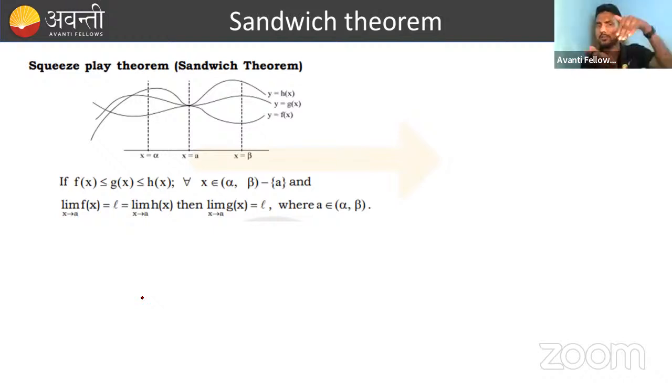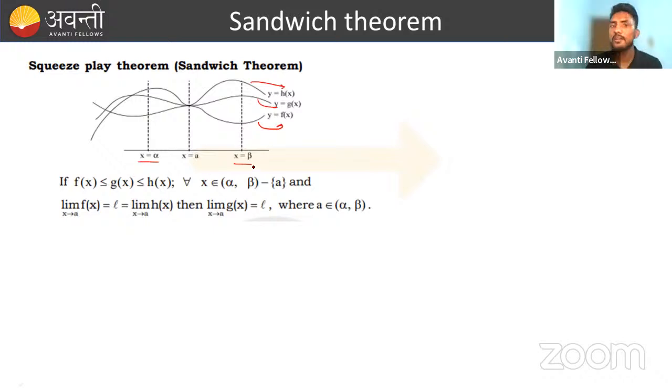In a similar way, the sandwich theorem also involves three functions. You can see there is an h of x function, a g of x function, and an f of x function. You can see from x equals a to x equals b, in between, if you observe, you will find this is h of x, this is g of x, and this is f of x.